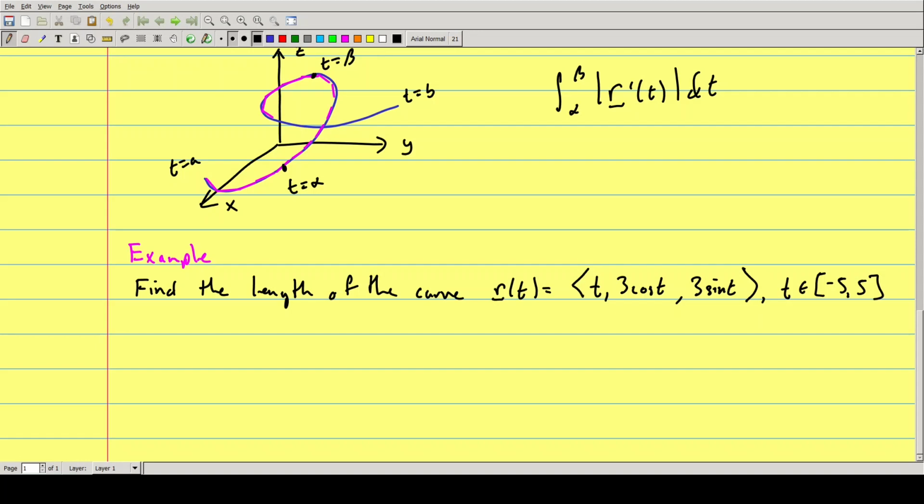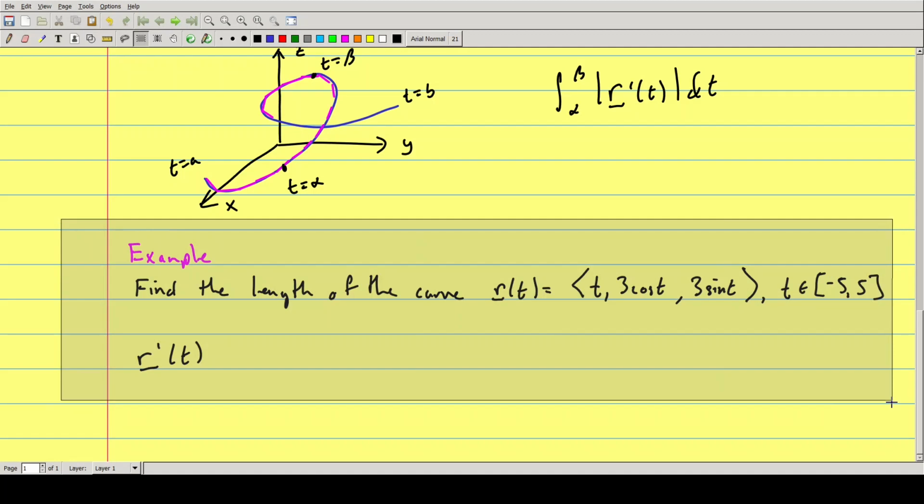What we need to do first is compute r prime of t. I'm going to move this to the next page of the notes because I'm going to run out of space here.